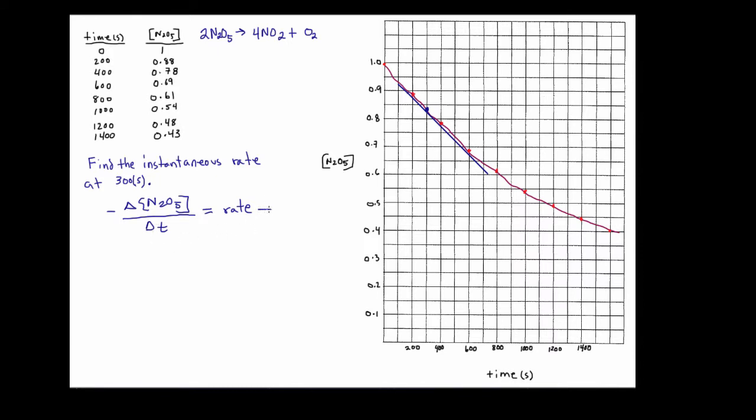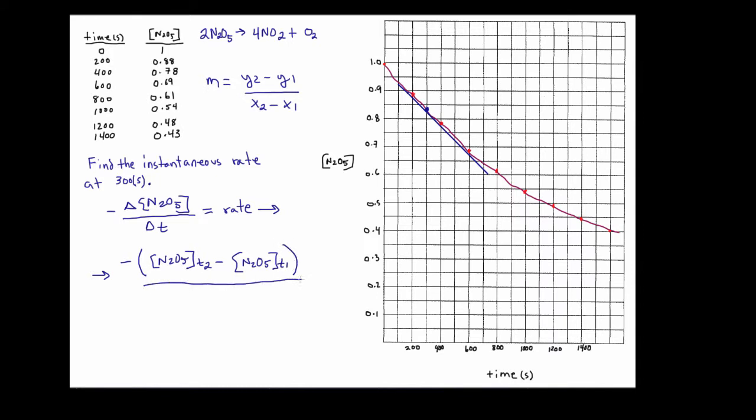Now, if I was to break this expression out so you can actually see how we're talking about the slope, because remember, the slope of a line is equal to y2 minus y1 over x2 minus x1. So if we break this expression out so that it reflects that, then it would be negative, and then inside this quantity we're going to have the concentration of N2O5 at T2 minus the concentration of N2O5 at T1.